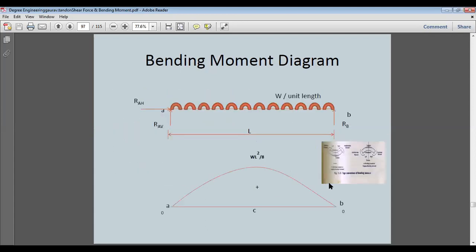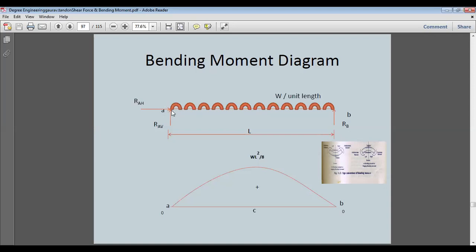So we can see that reaction RB is acting upwards. Similarly, reaction RA is also acting upwards. And if we start calculating bending moment, we'll have RB into 0. This will keep on increasing up till this point. Then we'll have no effect of RB, and we'll have the effect of RA. From here to here, it will be the effect of RA.